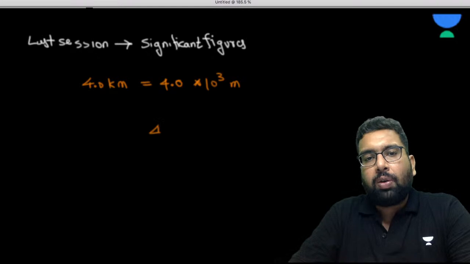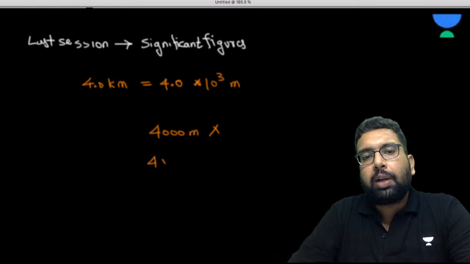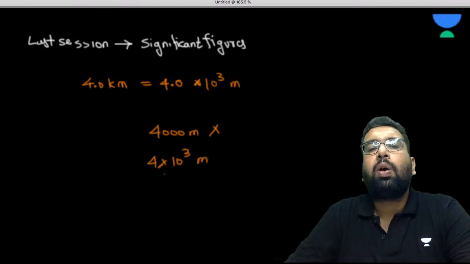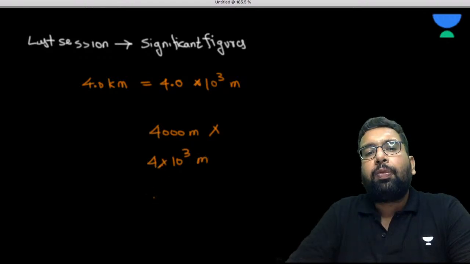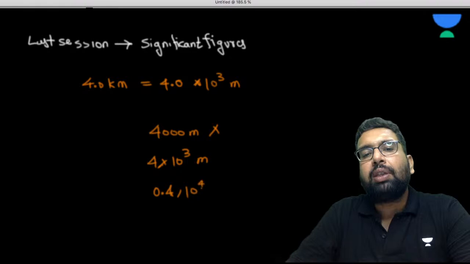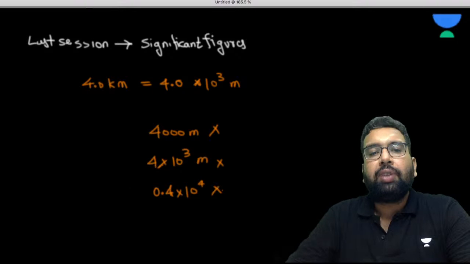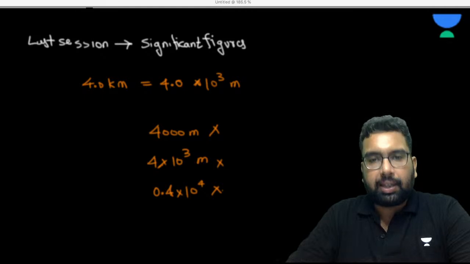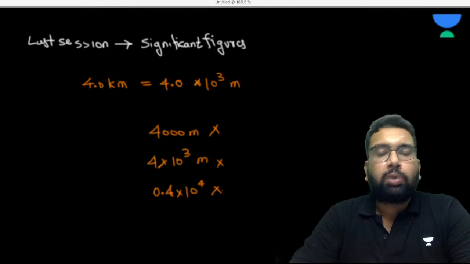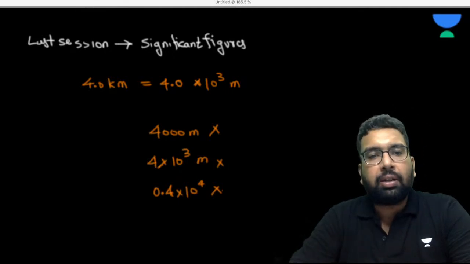4,000 meter is wrong. 4 into 10 to the power 3 meter is also wrong. 0.4 into 10 to the power 4 is also wrong, because in each of these cases we have only one significant figure.